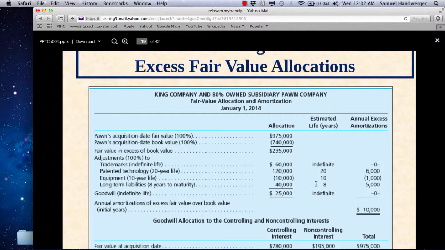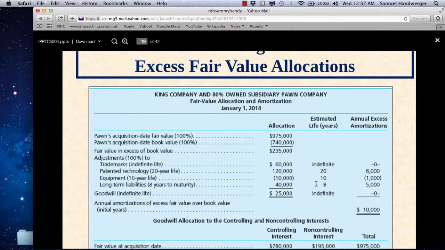And so therefore we add that, because the identifiable net assets is now at 210, which is why the goodwill, by the residual method, is calculated at $25,000. Do the math and you'll see what I'm talking about.